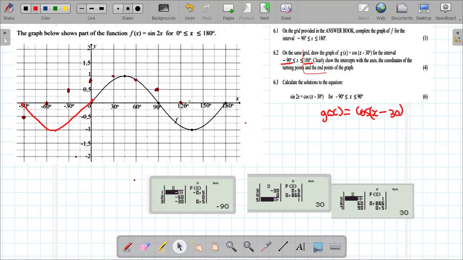Okay. 150, it's negative 0,5. Okay. 180, it's negative 0,866. 150 is what? Negative 0,5, then 180, it's negative 0,866.